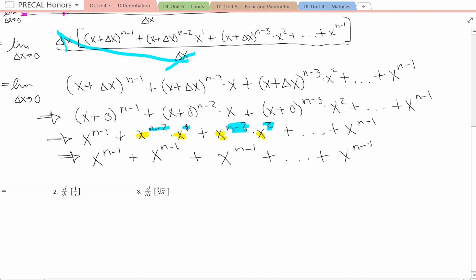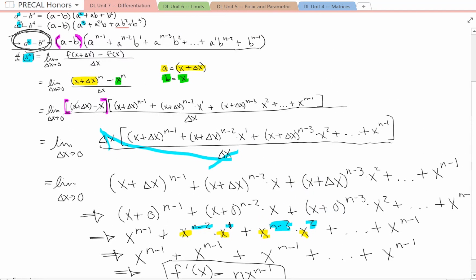Hey, now we just have an innumerable amount of x to the n minus 1s. How many of those? We actually have n number of x's to the n minus 1. That is the derivative of a power.